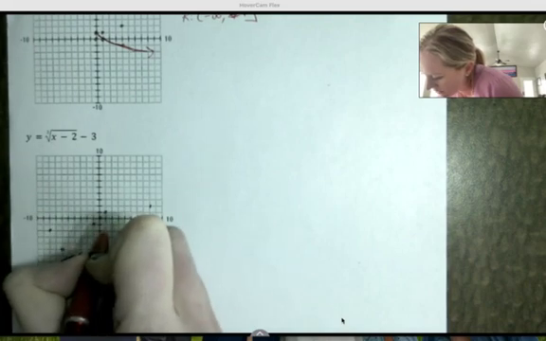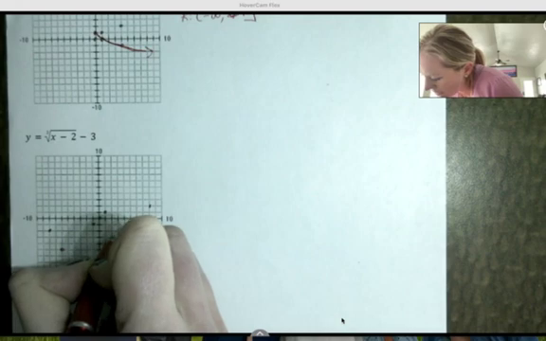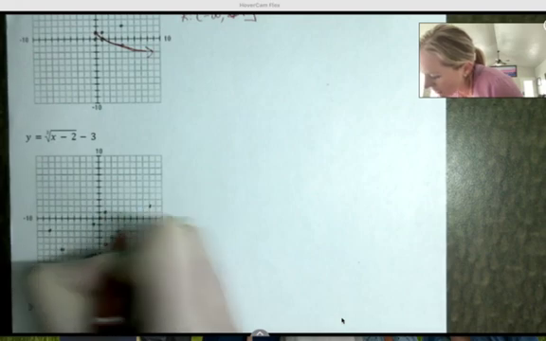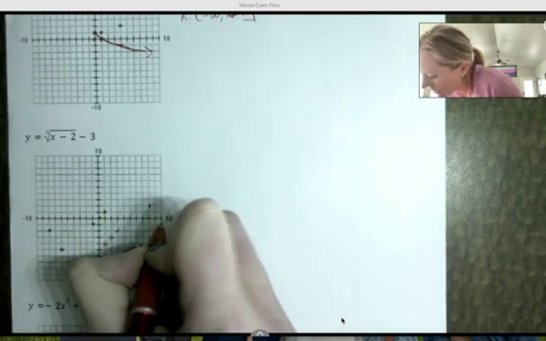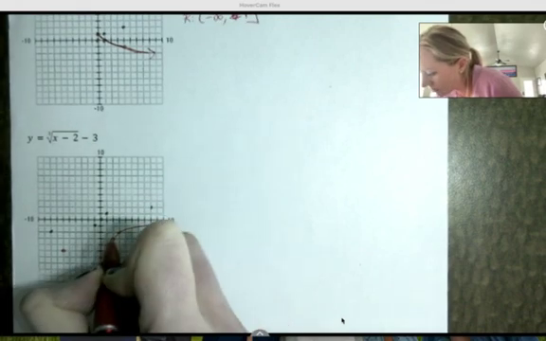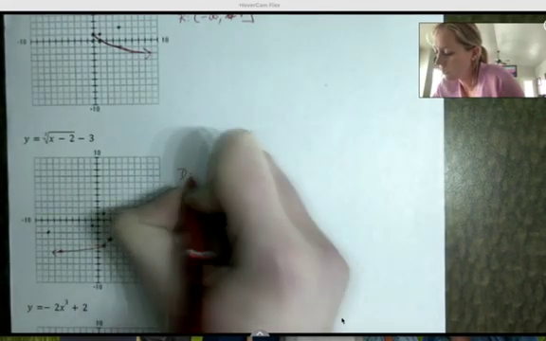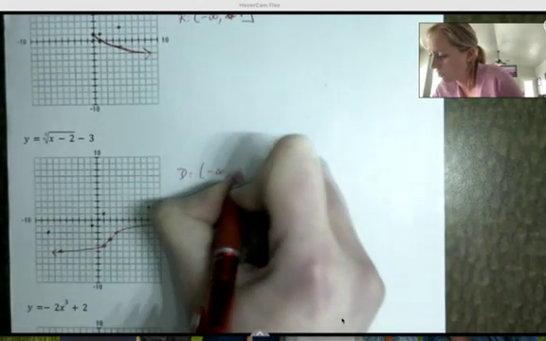Right 2, down 3. All right, so this one looks exactly the same. It's just been shifted right and down. Domain and range for the cube root function are always all reals.